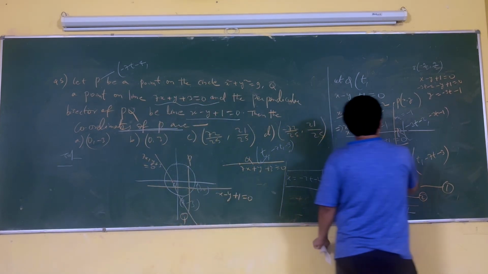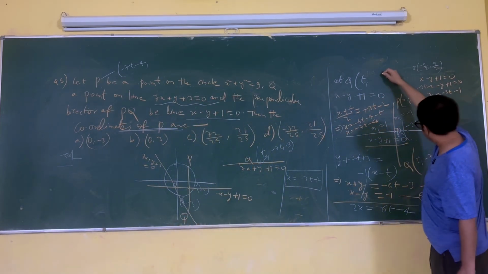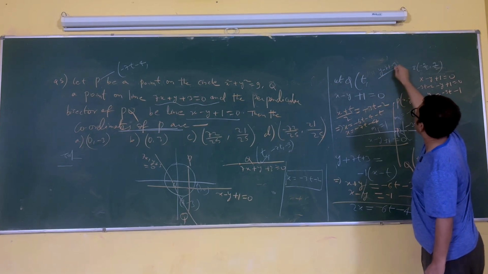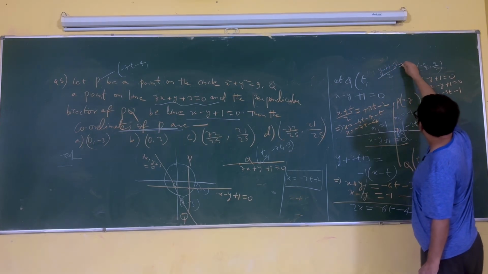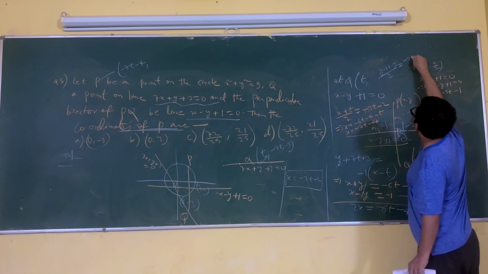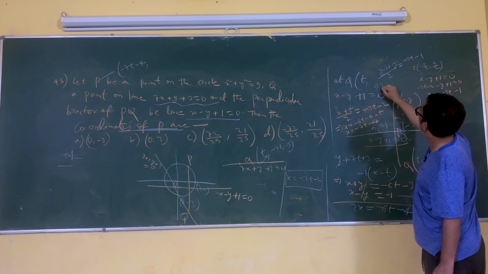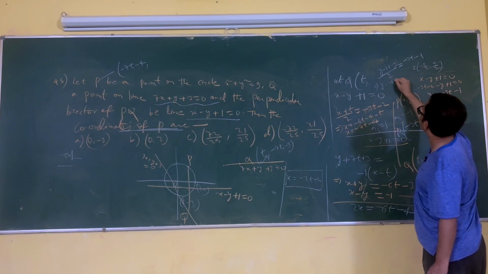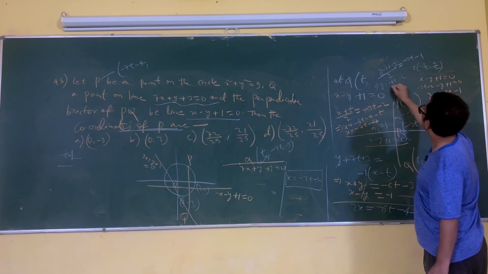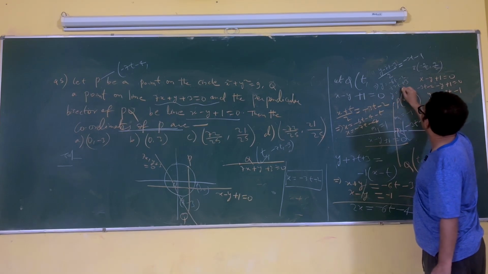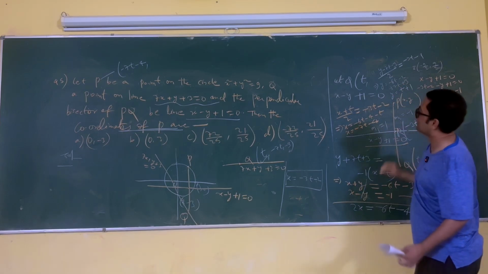And the y coordinate, if you want, similarly y plus 7t plus 3 upon 2 is equal to minus 3t minus 1. So y is equal to minus 6t minus 2 plus 7t plus 3. So y is equal to t plus 1.